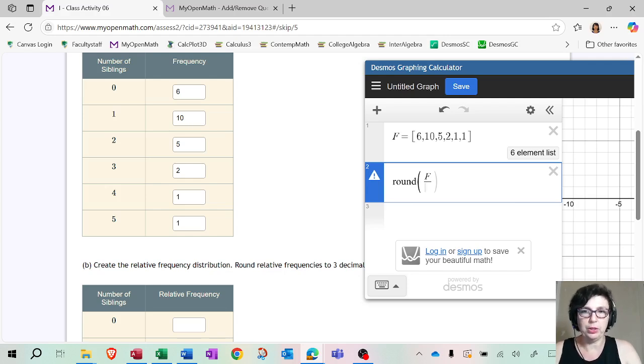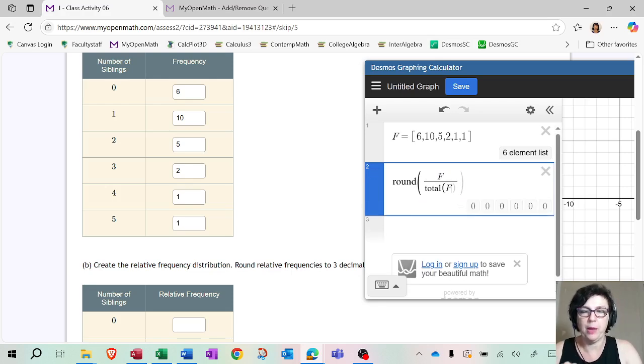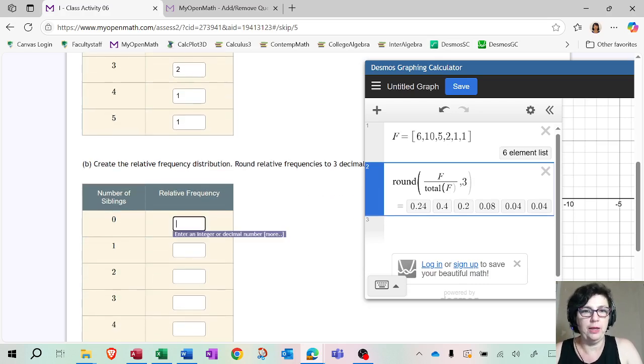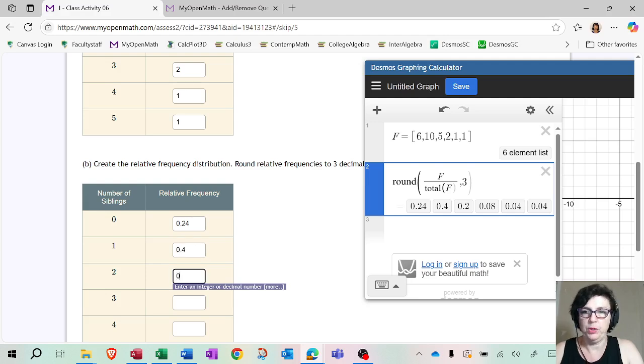Then total, because you're dividing every frequency by the total, and then open parentheses, capital F. Make sure you are consistent because Desmos is case sensitive. If you type a lowercase, it's not going to understand it. Then click after the fraction so the cursor is blinking after it, and type a comma and 3. That gives you all your relative frequencies all at once, which is very convenient.